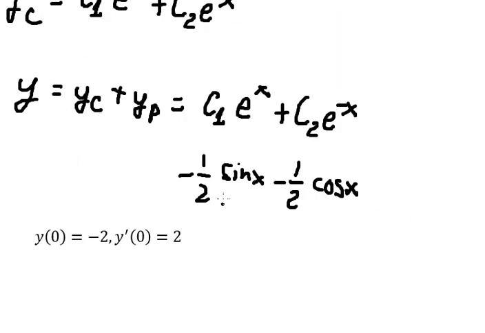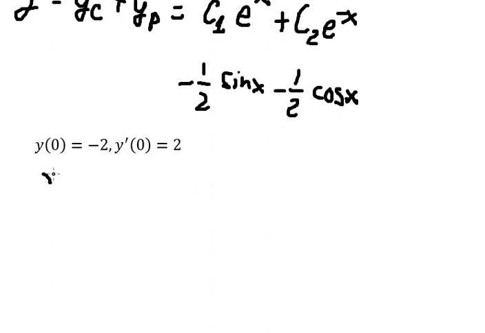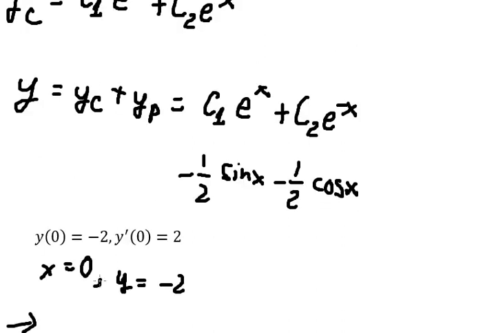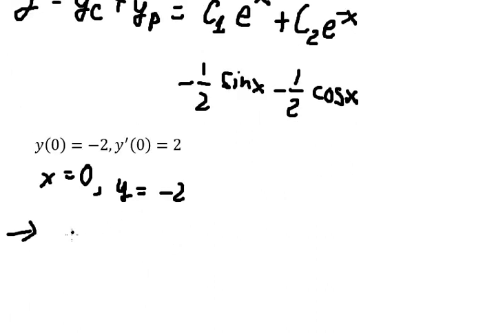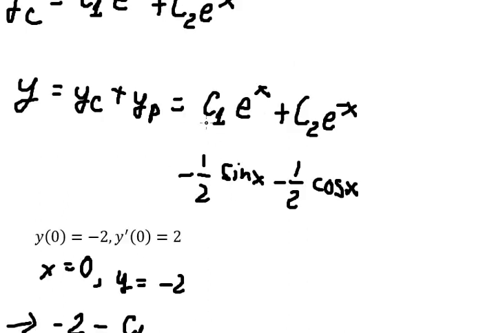So when x equals 0, y equals negative 2. So we need to put 0 in here and negative 2 in here. So we create the first equation to find the solution of c1 and c2.